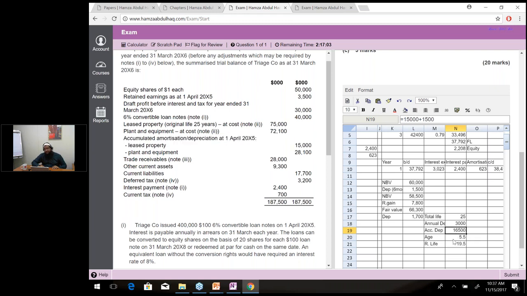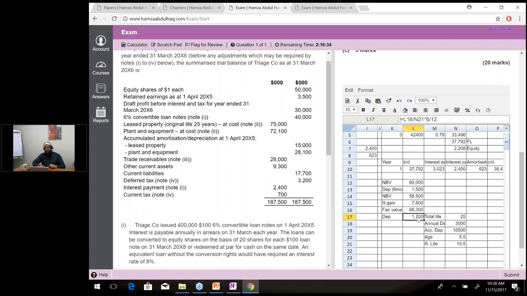Now if the accumulated depreciation is 16,500, the age is going to be 16,500 divided by 3,000. This is the age of the asset, which is 5.5 years. So if the age is 5.5 years, then the remaining life is 25 minus 5.5, which is 19.5.